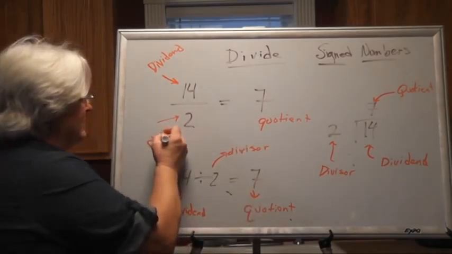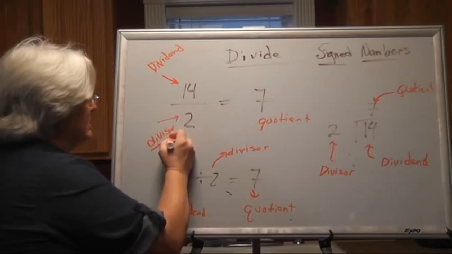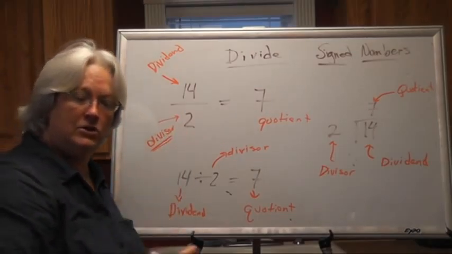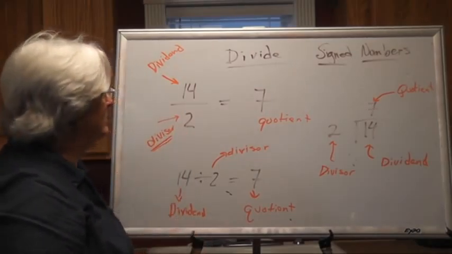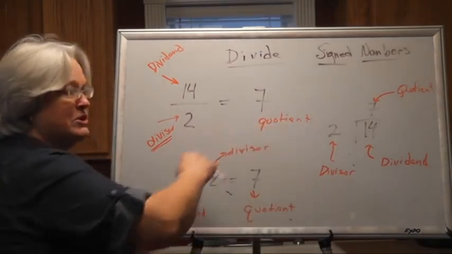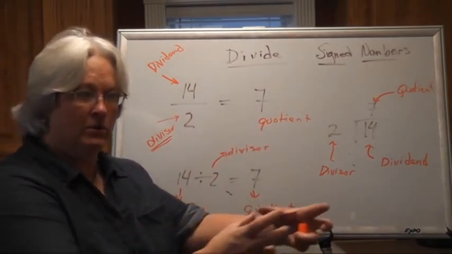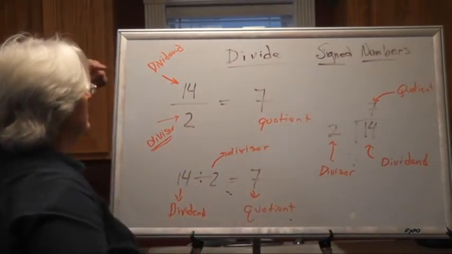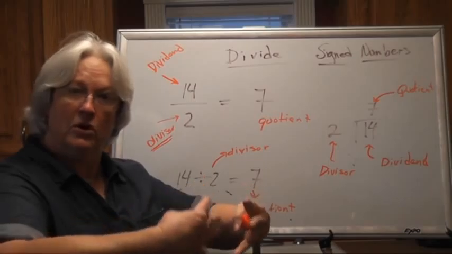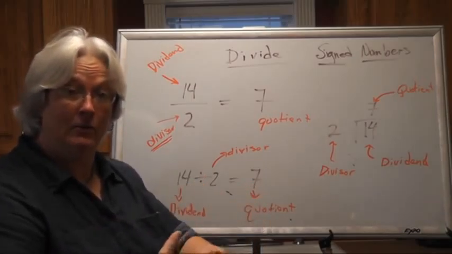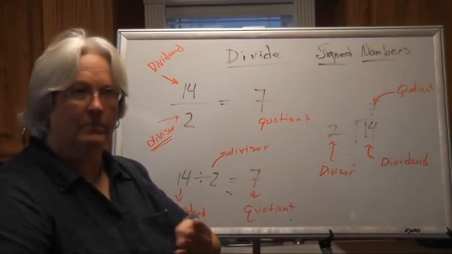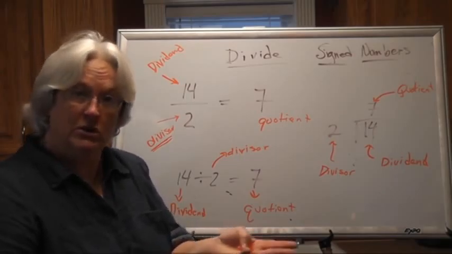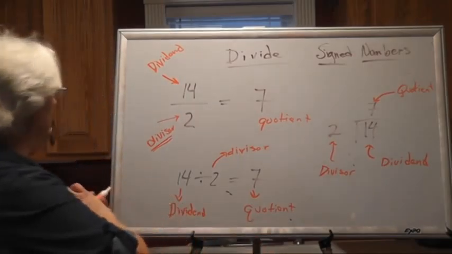The divisor is the number of groups that you're dividing the initial whole group into. Quotient is the number of items that each of the new groups contains. The dividend is the total amount that you had to begin with. And I'm belaboring the point here because you do need to know this vocabulary.